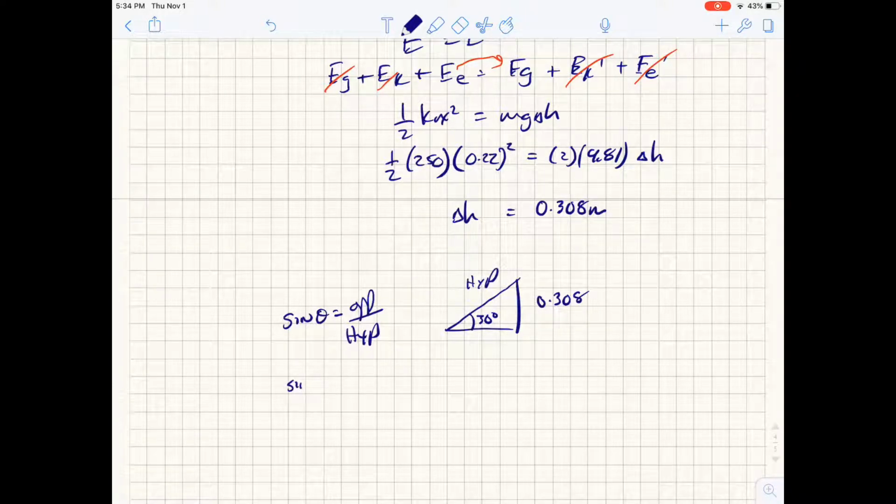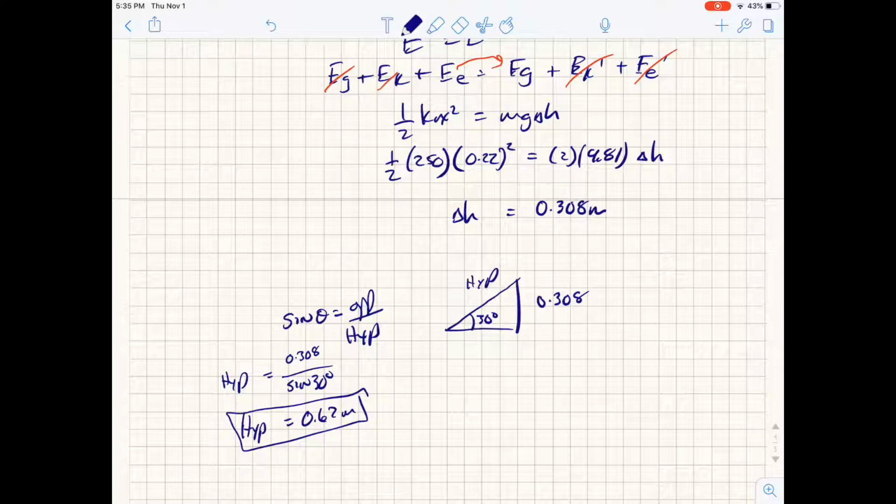Nice. So we can just plug in our numbers. I'm going to rearrange this as well at the same time. Hope I don't confuse you. And then we find that the length of the hypotenuse, or our distance, is 0.62 meters.